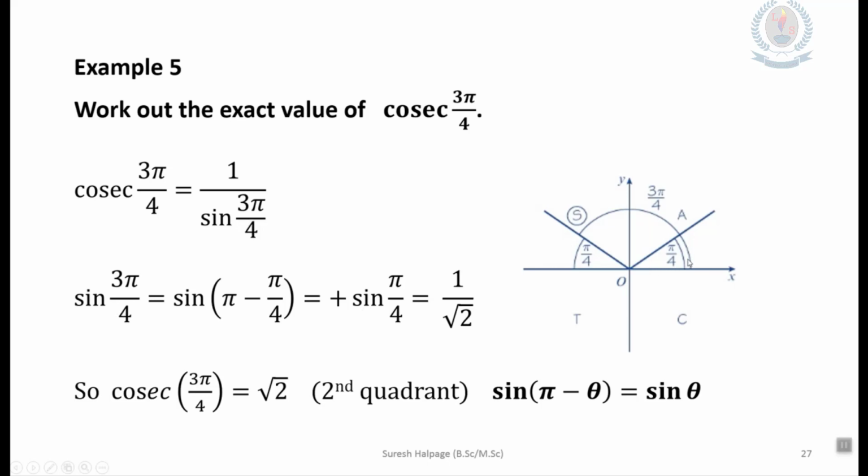We mark the acute angle from 180, which is pi radians, since this is in radians. Sin of pi minus theta is equal to sin theta. In the second quadrant sin is positive, so sin of pi minus pi over 4 is equal to sin pi divided by 4, with a positive sign.